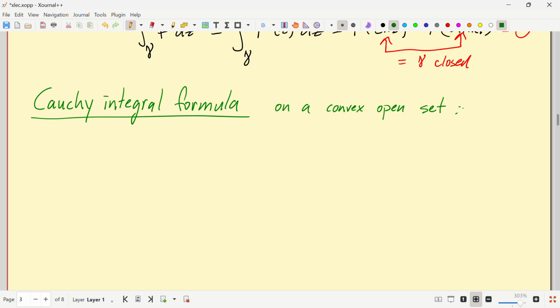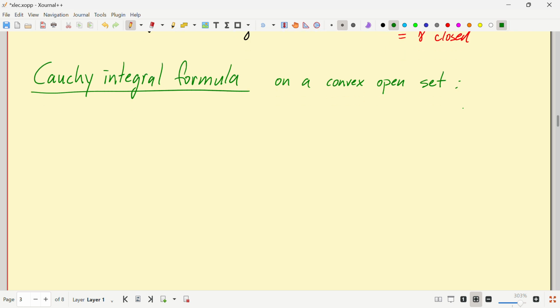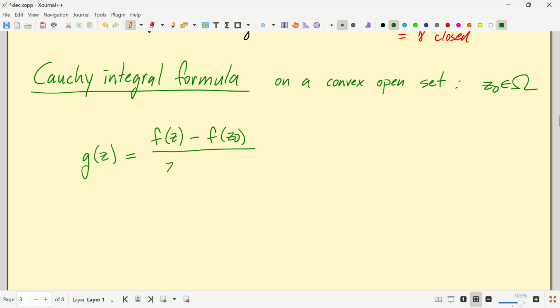Let's see. The key here is to write, I'll call it a g of z here. g of z is going to be equal to the difference quotient f of z minus f of z naught, where z naught is in omega, over z minus z naught, if z is unequal to z naught.